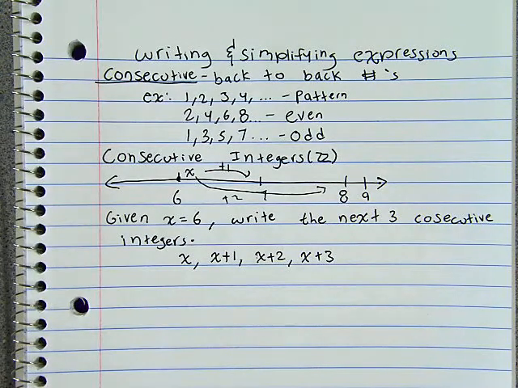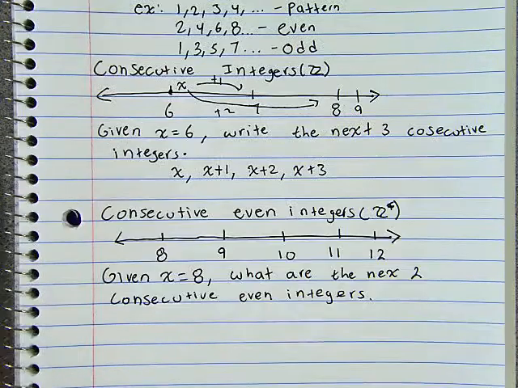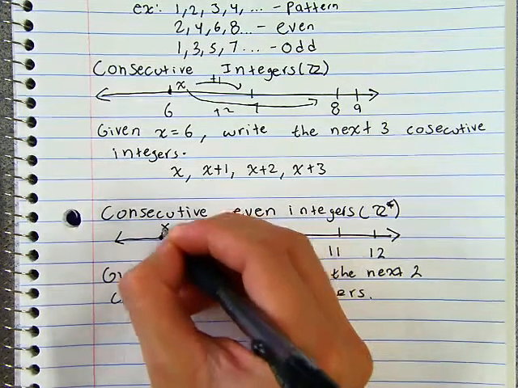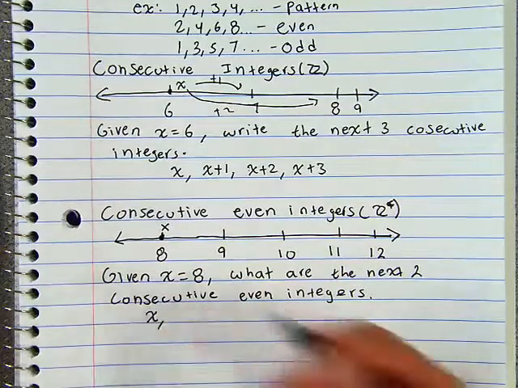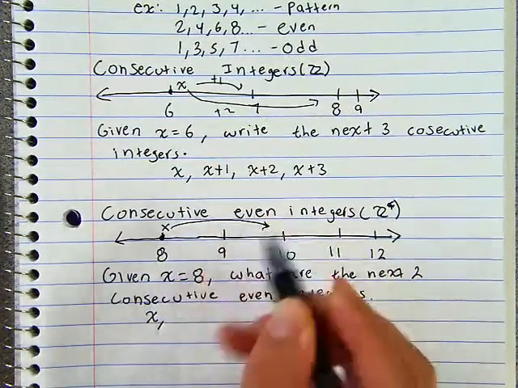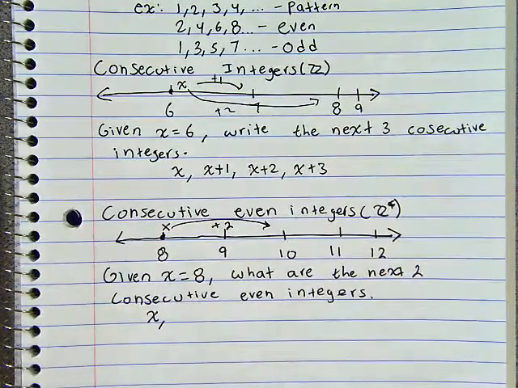So next we're going to talk about consecutive even integers. We start off at x here, so x is the first one. Then we would actually have to skip over to 10, so we have to add 2.